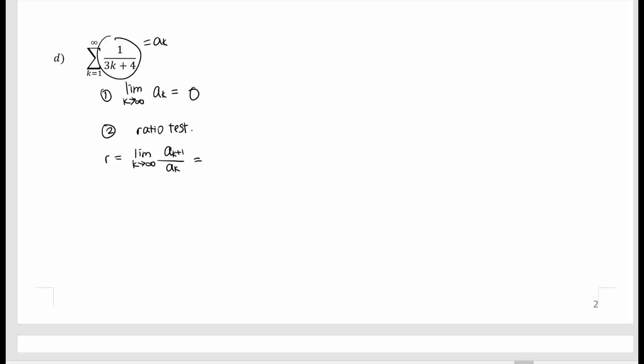That equals the limit as k goes to infinity; when we replace k by k plus 1, 3k plus 1. Don't forget your parentheses. And at the bottom, we have 3k plus 4. So the numerator is 1, and the bottom we have 3k plus 3 plus 4, so that's 3k plus 7. And then 1 stays there, 3k plus 4 becomes the top.